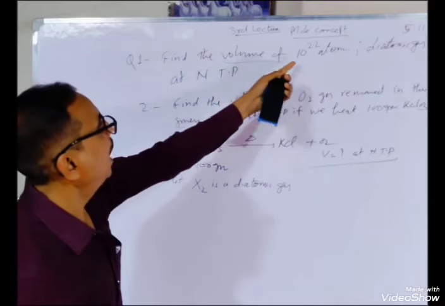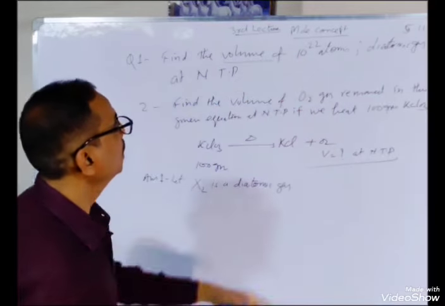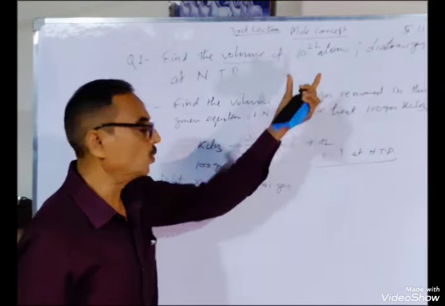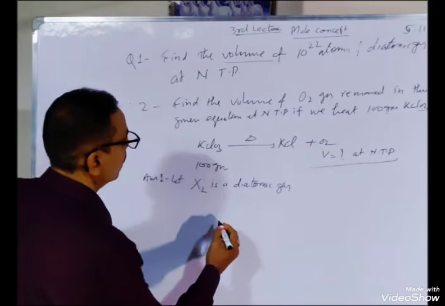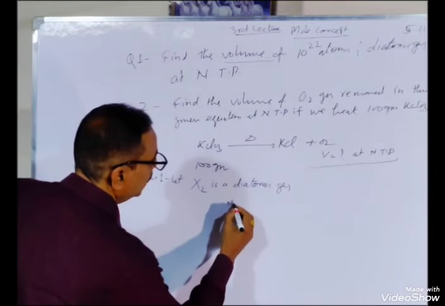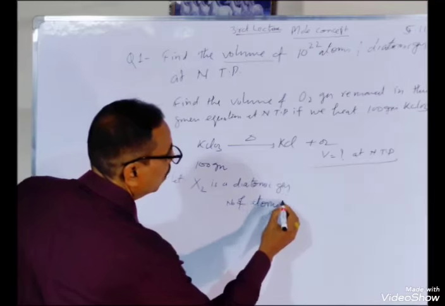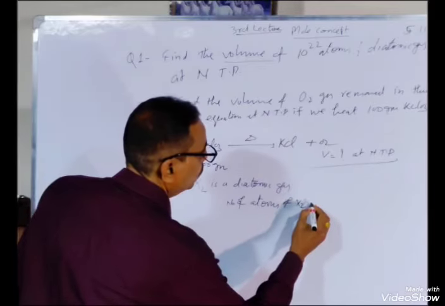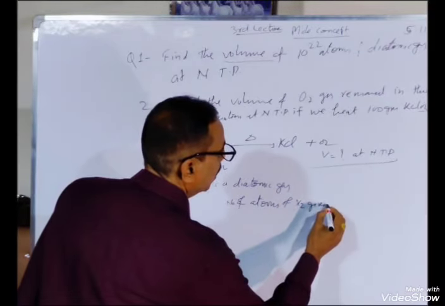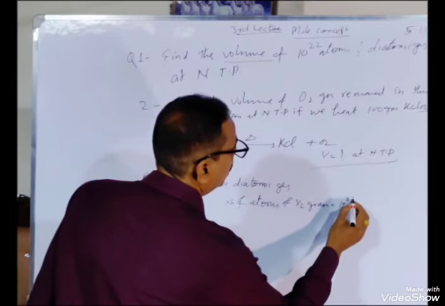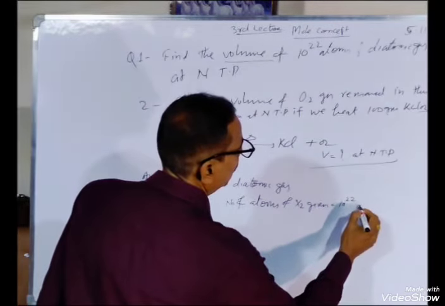Number of atoms given is 10 की power 22. Number of atoms of X2 given 10 की power 22 atoms.